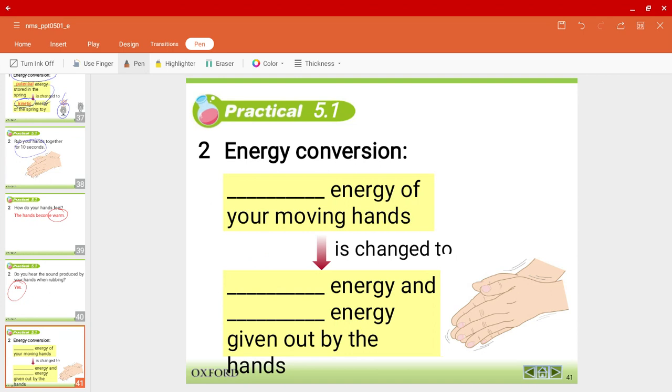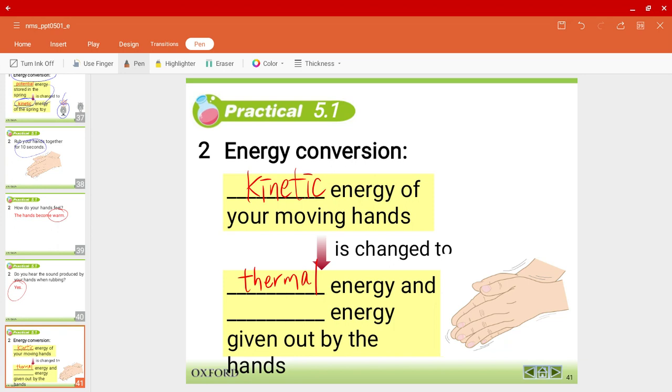Originally, because we were rubbing our hands, there was kinetic energy, of course. And then when we're doing this process, what is changed? The energy is converted from kinetic energy to, first off, because our hands become warm, thermal energy. Guys, I would prefer you to write down thermal energy instead of heat energy.